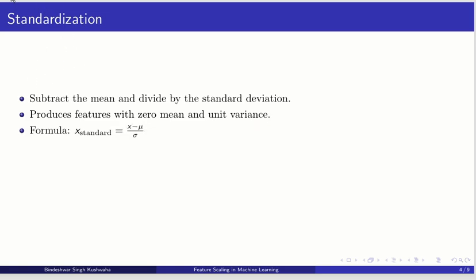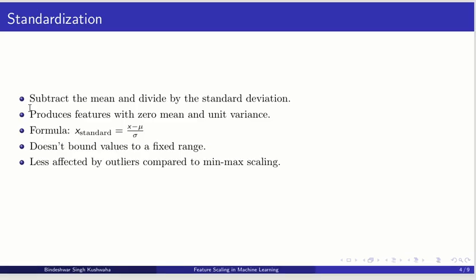The formula is x minus mu upon sigma, where mu is the mean and sigma is the standard deviation. It doesn't bound values to a fixed range, unlike min-max scaler, which bounds values to a fixed range. It is less affected by outliers compared to min-max scaling.